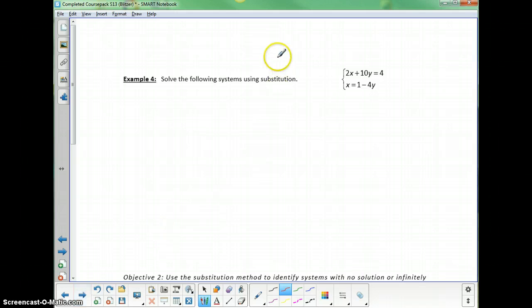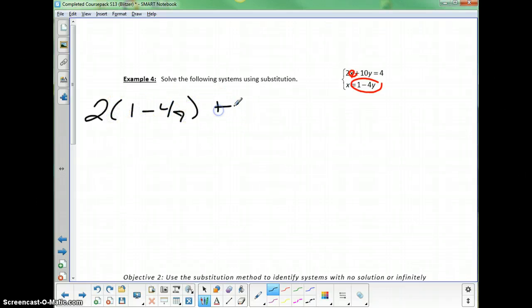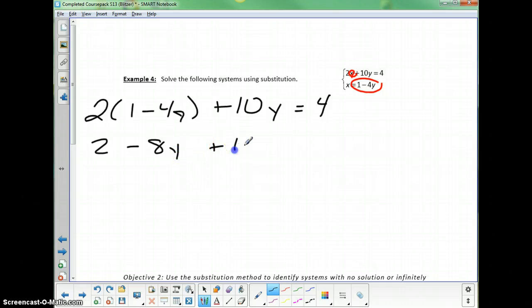We have one more to solve right here. This is an equation that has already told me what x is equal to, so we're just going to plug that in for x right here. We'll start off with 2x, where x is 1 minus 4y, plus 10y equals 4. So 2 times 1 is 2, minus 2 times 4y is 8y, plus 10y equals 4.